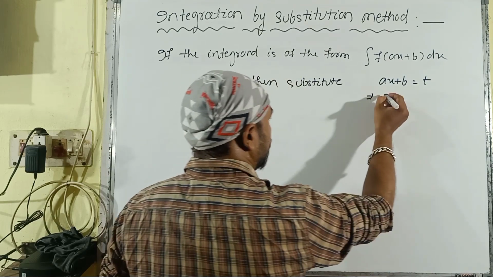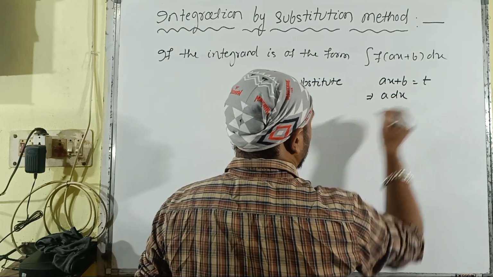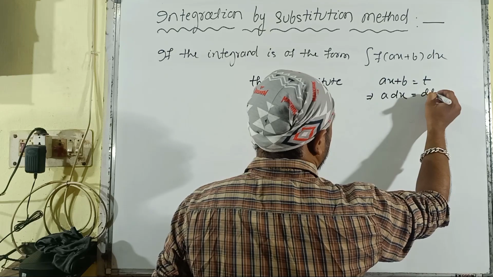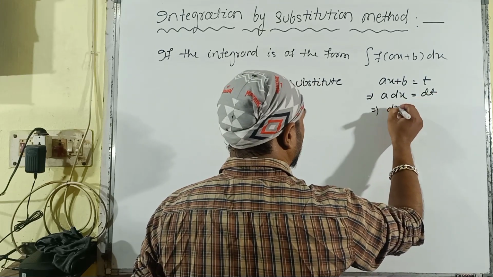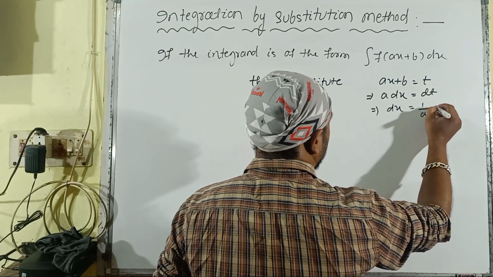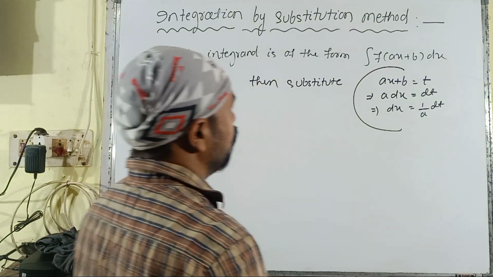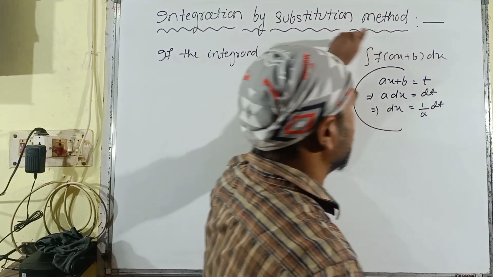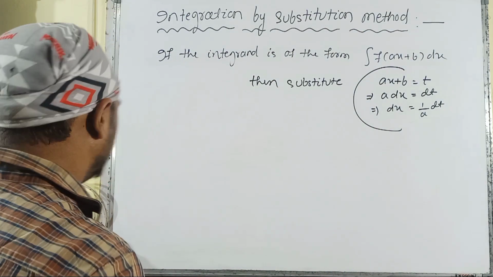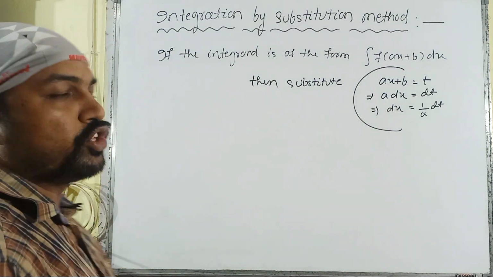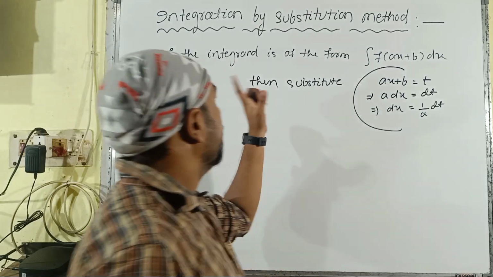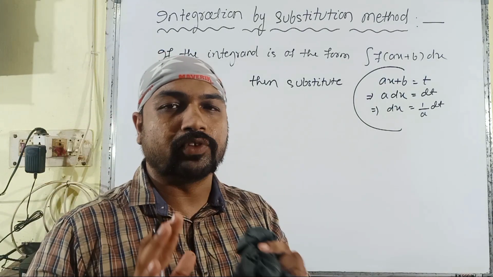Then a multiplied with dx will be dt, then dx will be 1 upon a dt, and these substitutions we have to place in this integral. So let us solve some theorems based upon the integration by substitution method, part 3.